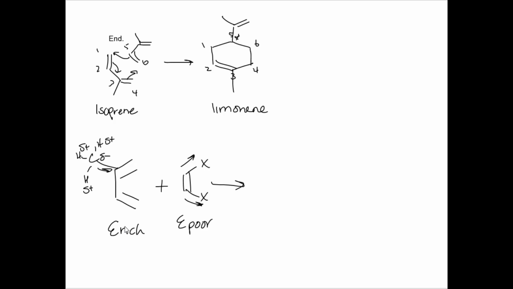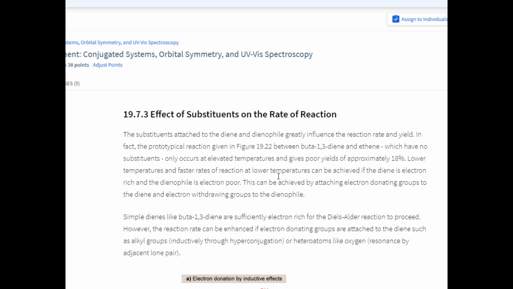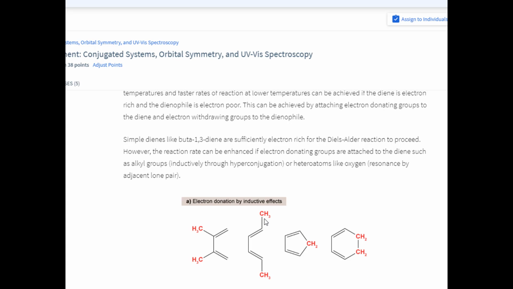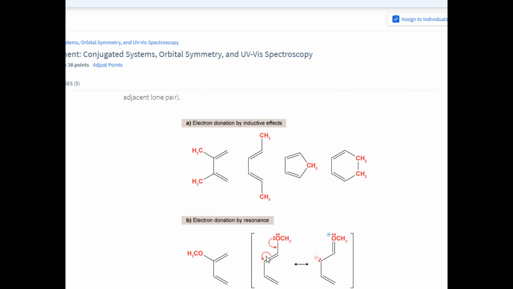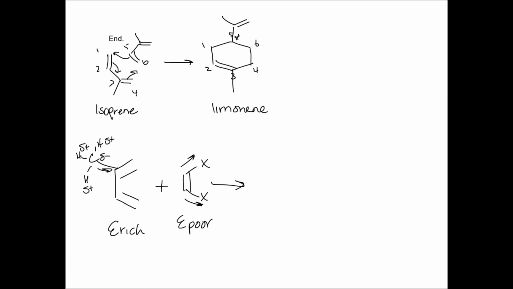But just so you're aware, when Top Hat says that you need an electron-rich diene and an electron-poor alkene, that's what they're talking about. And then they get into electron donating effects by induction. We'll talk about that. And then the electron donation by resonance. We'll actually get into that topic in the next chapter, so I'm going to hold off on that for the moment.